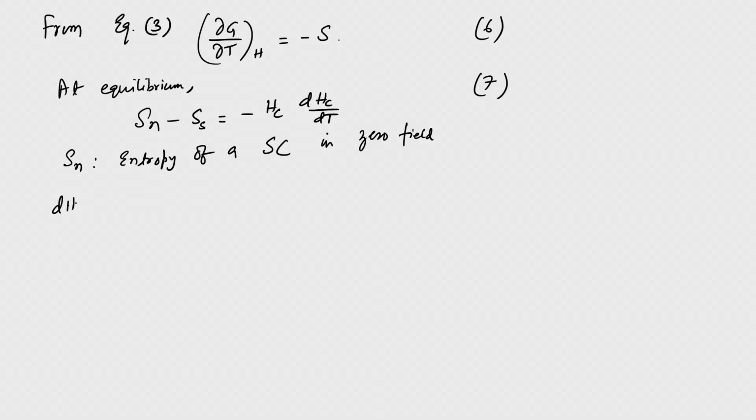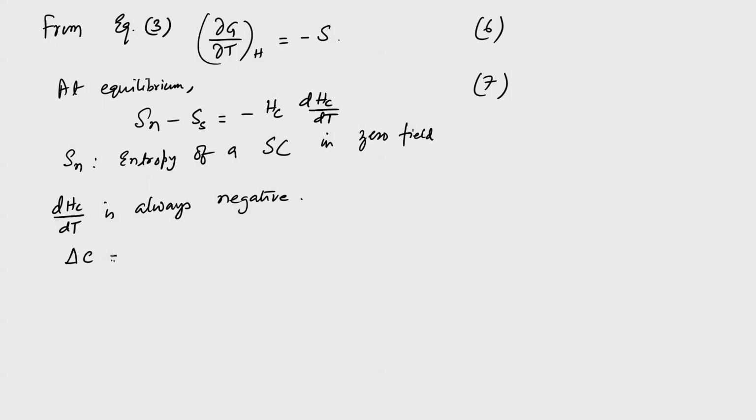So, dH_c/dT is always negative. Which means the right hand side of equation number 7 is always positive, which means that the entropy for the normal state is always greater than the entropy for the superconducting state.